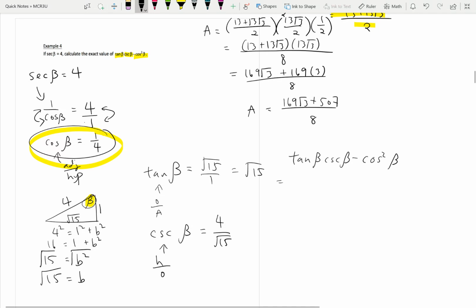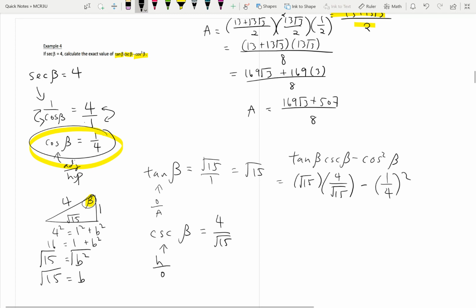So tan beta is root 15. Cosecant beta is 4 over root 15. And cos squared beta, so that means 1 over 4 squared.